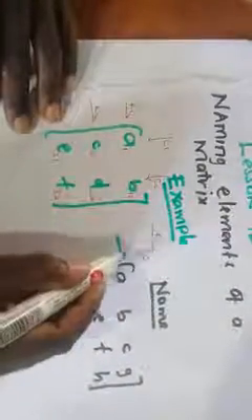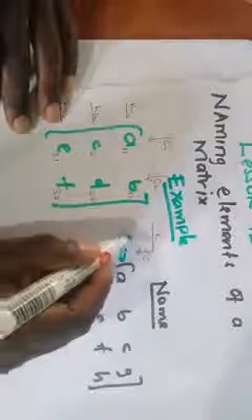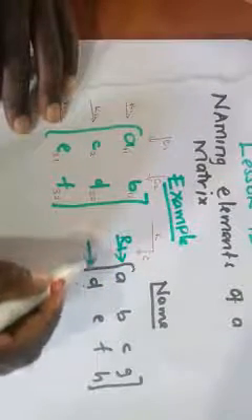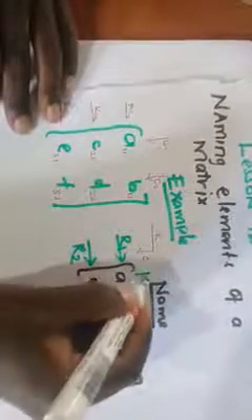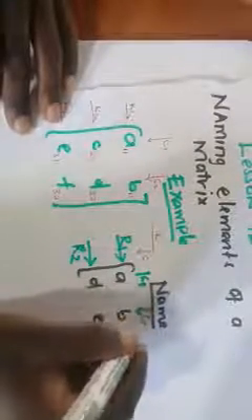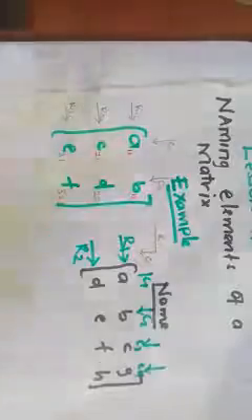So this is row number 1, this is row 2, and this is column 1, column 2, column 3, and this is column 4. Now, let's name those elements. Remember, we start with the row followed by the column.